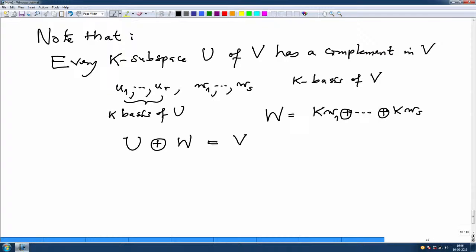Okay. So, however, this complement W is not uniquely determined by U. For a given subspace U, there may be many complements, because this is not the only way to extend it to a basis. There are many ways to extend it to a basis. For example, you can also do it to this basis, you can add u1 to them.